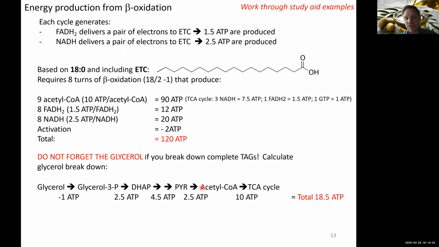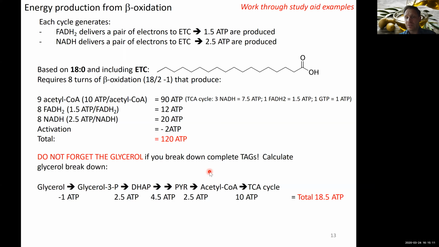Then from pyruvate to acetyl-CoA, that's our PDH reaction. Again, an oxidation reaction. We are generating NADH, giving us another 2.5 ATP. And then ultimately, as I've shown up here, we're getting 10 ATP for one molecule of acetyl-CoA to run through the TCA cycle.